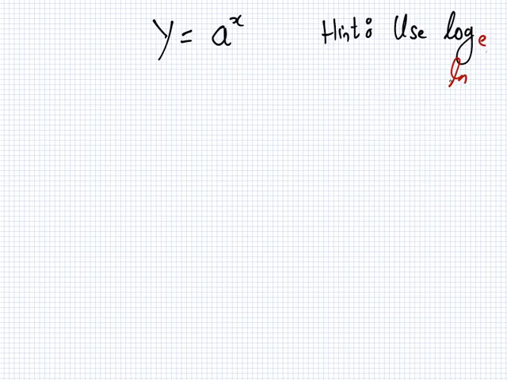You actually know what the derivative of e to the x is. What's the derivative of e to the x? Yes, it's e to the x. But you don't know what the derivative of a to the x is, where it's a different number instead of e. So my hint is to use natural log to try and change it into something maybe more familiar.